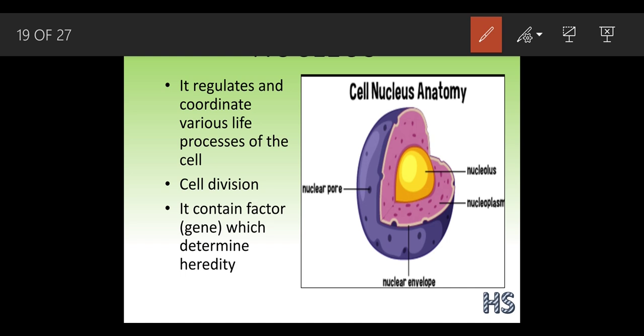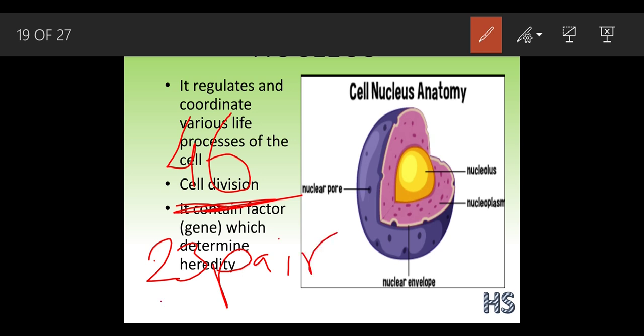We humans have 46 chromosomes in our body. Just remember this number, and it is 23 in pairs. What does pair mean? Two. So if you multiply 23 by 2, it becomes 46. So there are 46 chromosomes inside the human body, which makes our body.